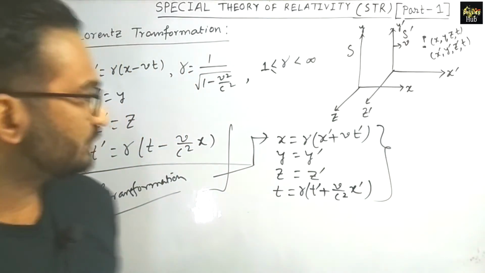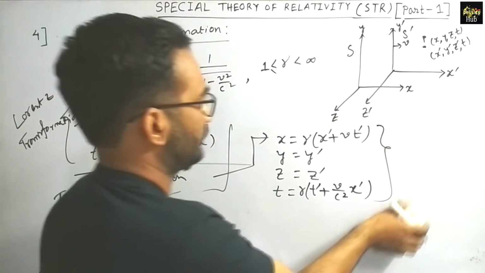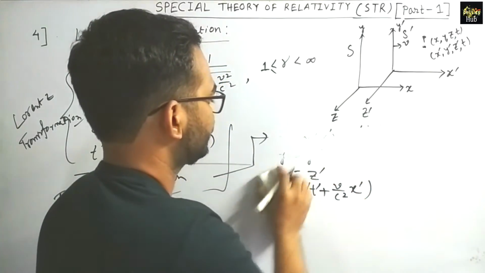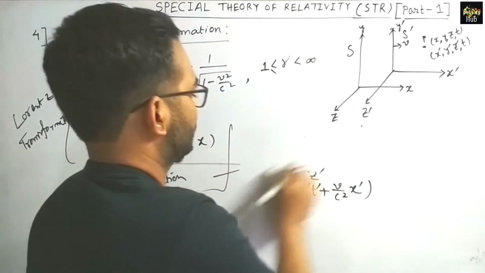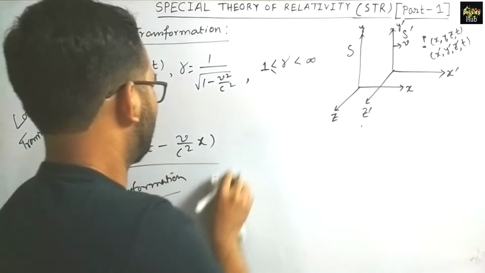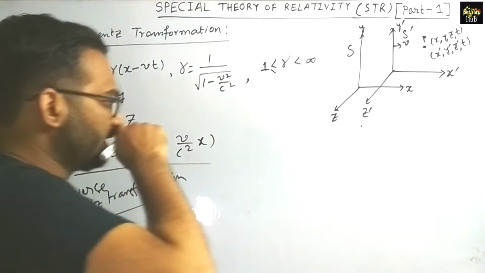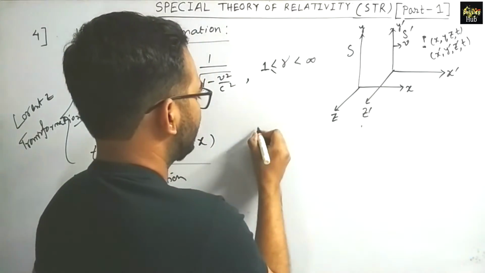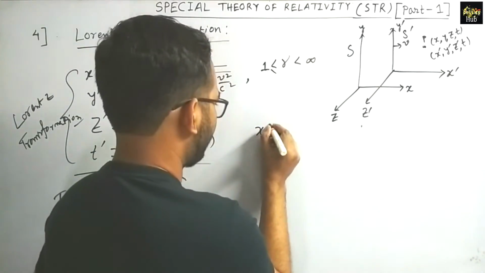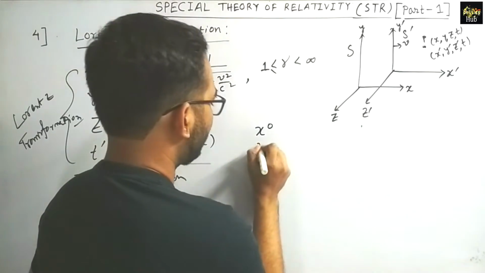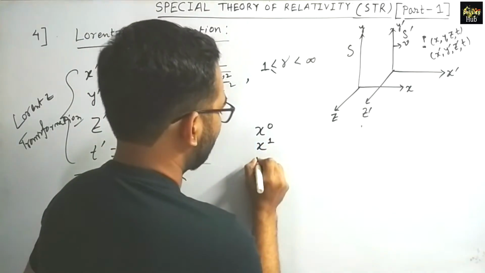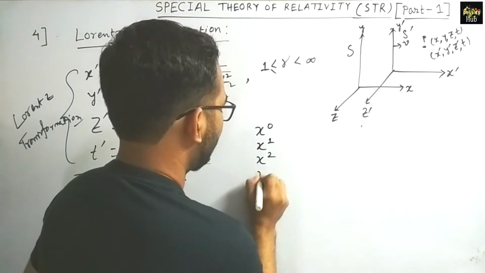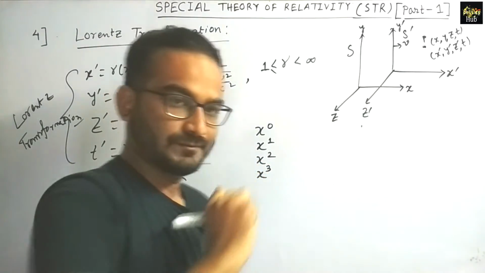So what is a 4 vector? Let's talk about how we can write 4 vectors. In case of a 4 vector, for the time coordinate we write x0, for the x coordinate x1, for the y coordinate x2, and for the z coordinate x3.